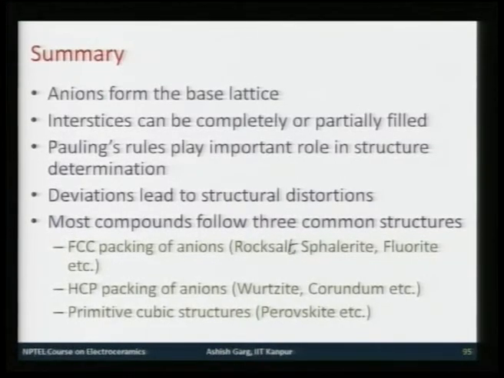Sphalerite structure is zinc sulfide, or zinc blende as it is often called, and compounds which follow this structure are, for example, zinc oxide, zinc sulfide, silicon carbide, etc. Here again anions make an FCC lattice, however here the cation has tetrahedral coordination. Now based on the stoichiometry, there is only 50% occupancy of tetrahedral sites.